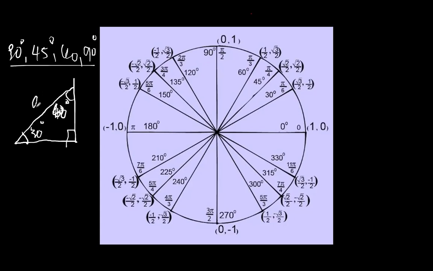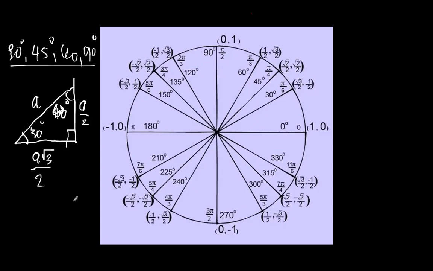If the hypotenuse is A, ano nga ba yung opposite ng 30? Ang opposite ng 30 ay 1/2 ng hypotenuse. So that's A over 2, di ba? And what is the opposite of 60 degrees? That's the opposite of 30, A over 2, times the square root of 3. So you just need to multiply the square root of 3 to the opposite side of the 30-degree angle for you to get the sides.